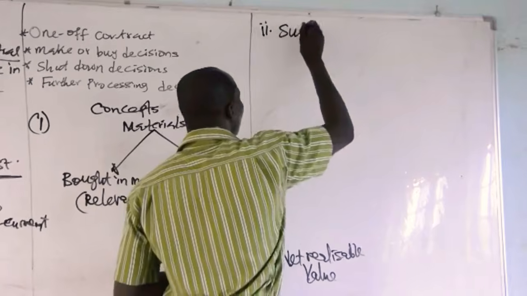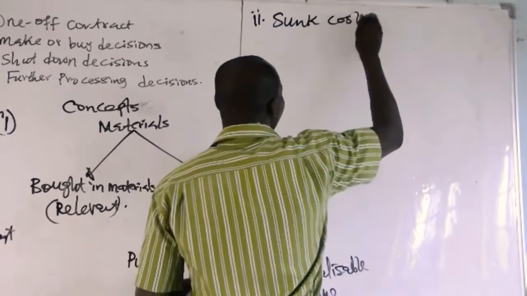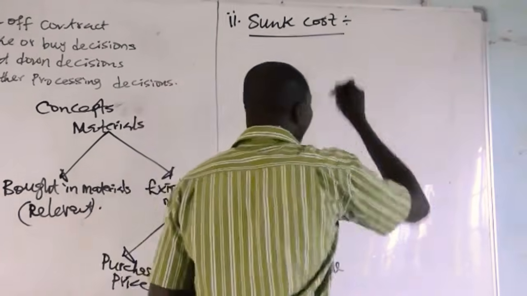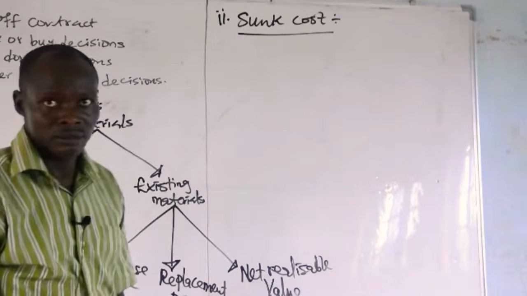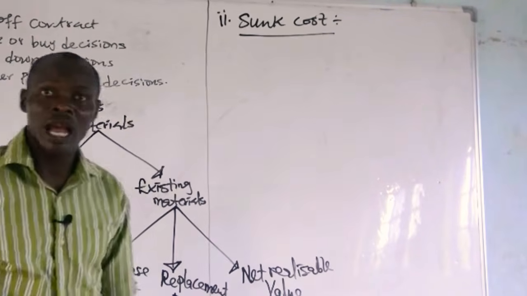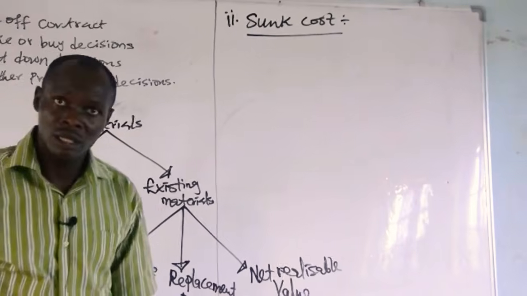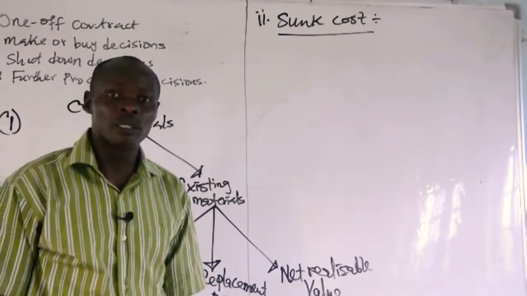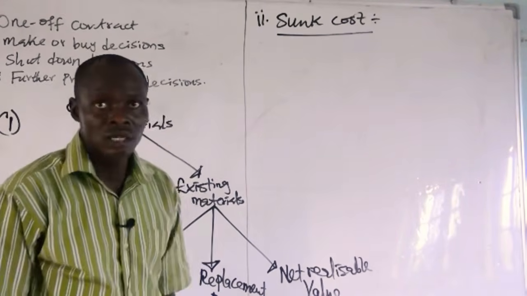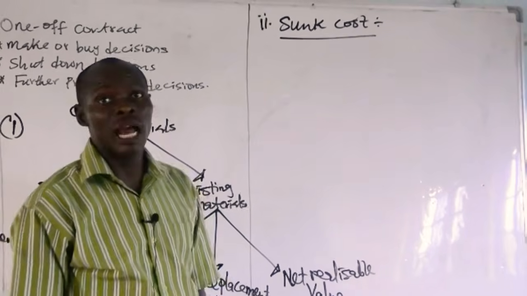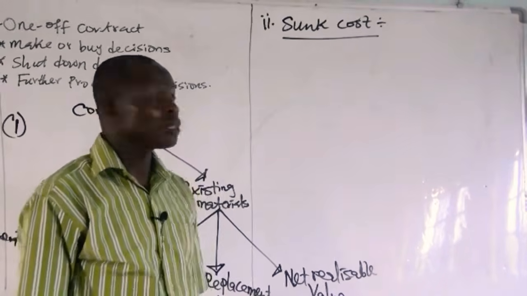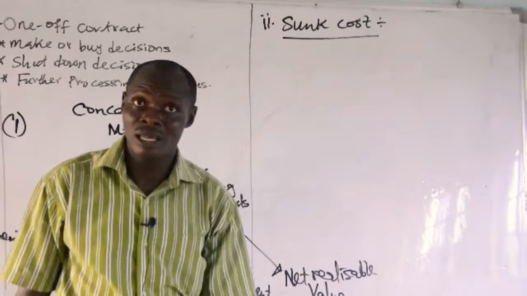Before labor, let me talk about sunk costs. I've told you that sunk costs are the past costs. The costs incurred before the projects are launched, before the projects are undertaken. That is what we mean by the sunk costs.